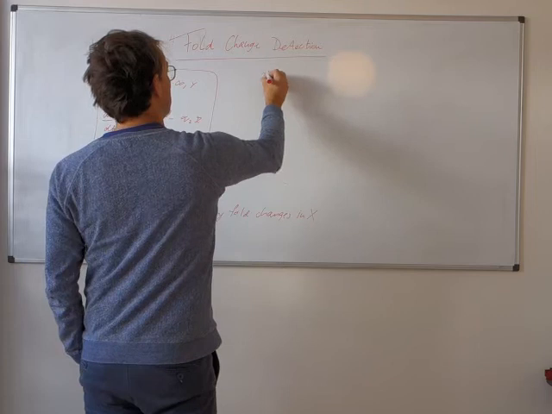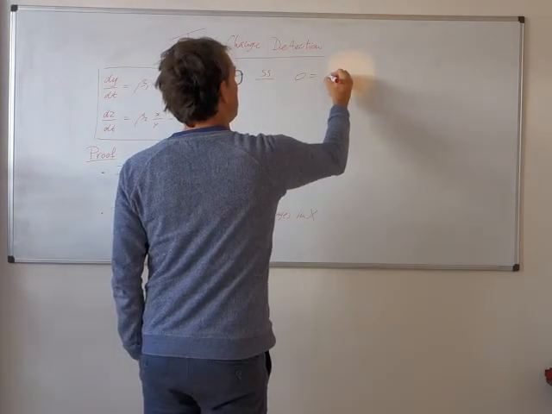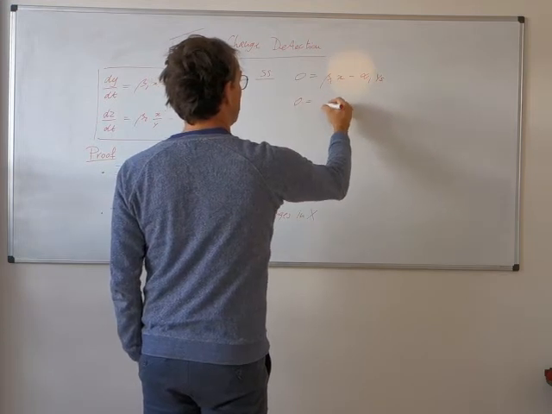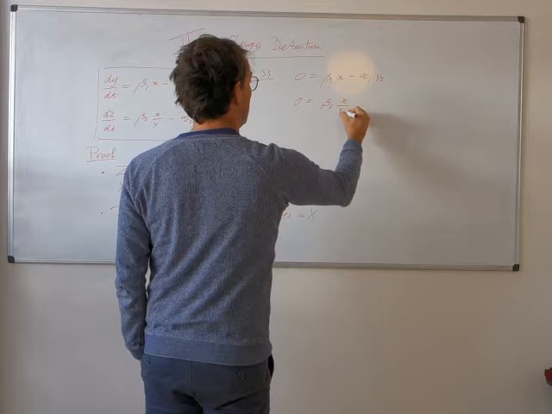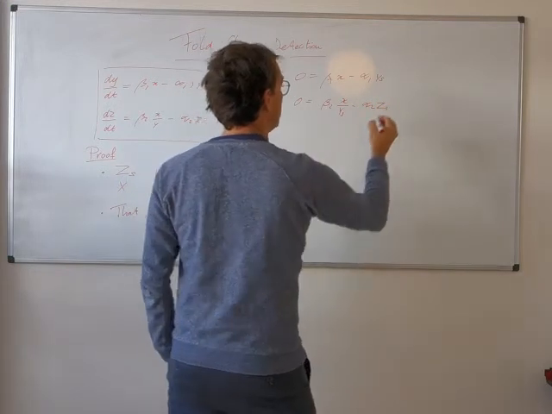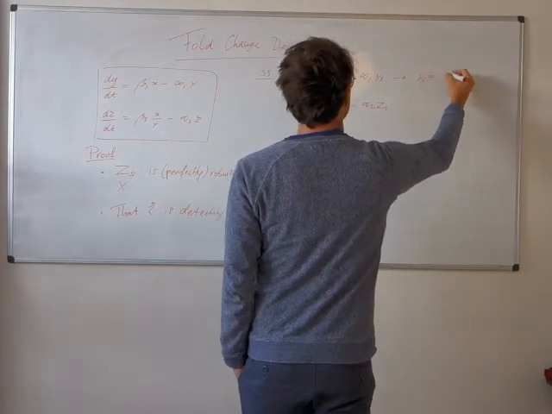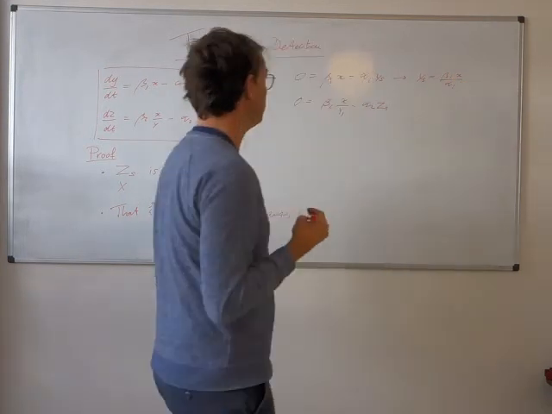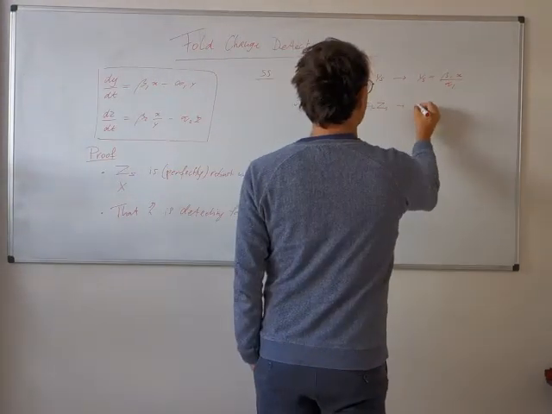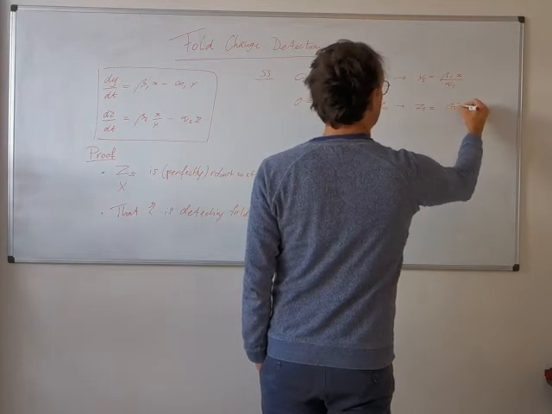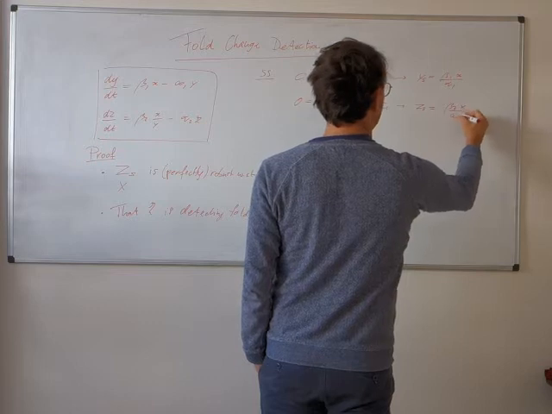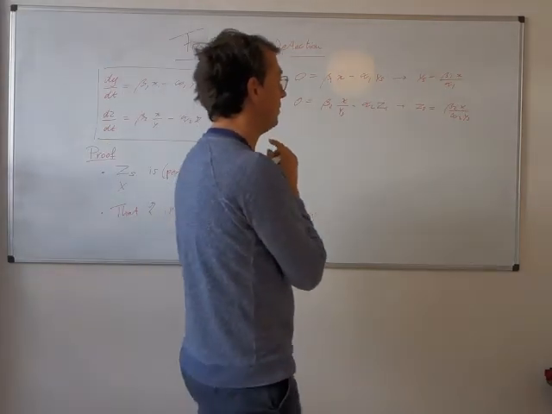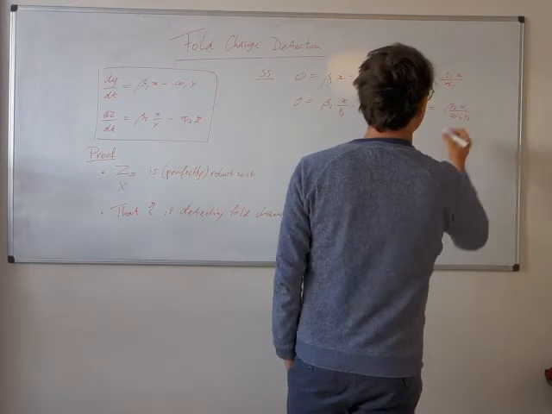So you say, okay, so at steady state 0 equals beta 1 X minus alpha 1 Y steady state, and 0 equals beta 2 X over Y steady state minus alpha 2 Z. This gives us the steady state concentration of Y like this, and this gives us the steady state concentration of Z. This is the first equation that we get, but then you see that the steady state concentration of Z still depends on the steady state concentration of Y, so we have to substitute that equation in.